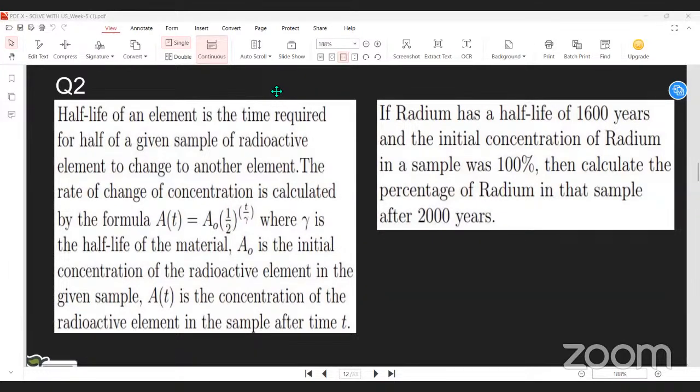A naught is the initial concentration of the radioactive element, right? 100% means value 1. Initial concentration was 100%. Okay. Where do we put the answer? You have to put the answer in the chat box, chat option. Okay.